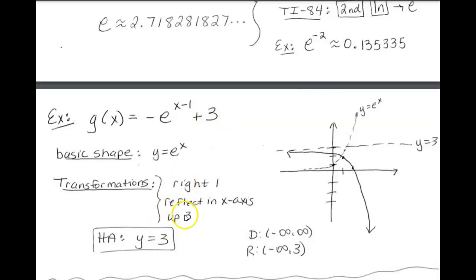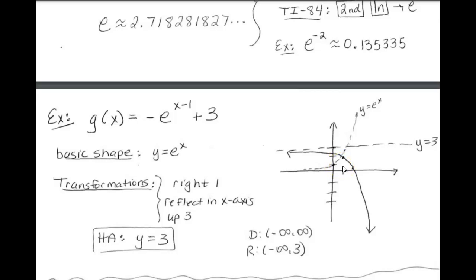So because we're moving up 3, we're going to have a horizontal asymptote at y equals 3. So on my graph, I would start with my e to the x, so that's again 0, 1, and then it's this shape of a graph, just like the others were. We would be moving to the right 1, so that point would move over 1.